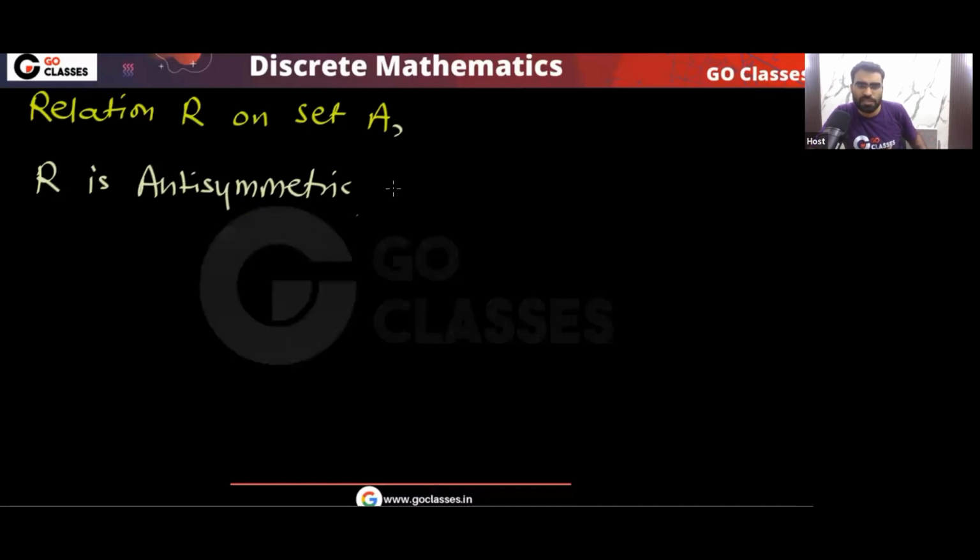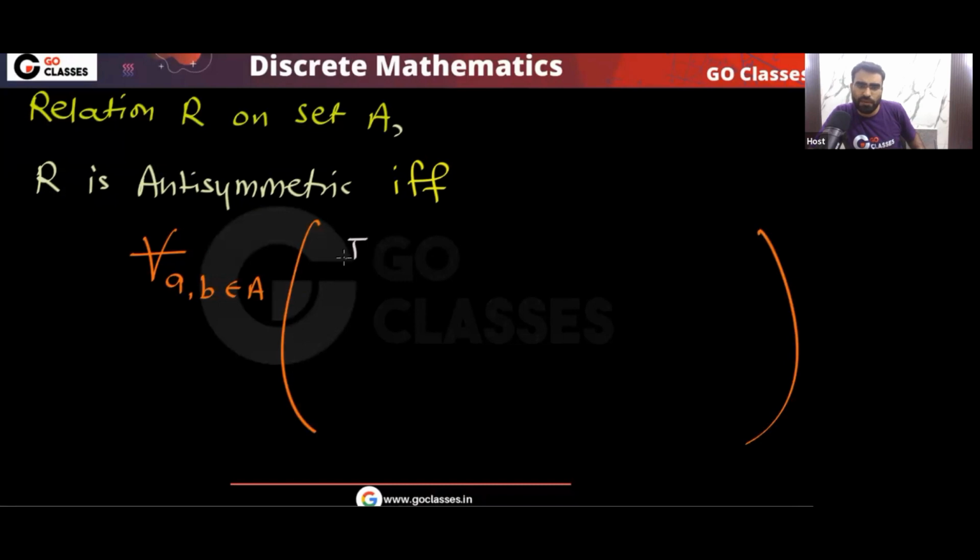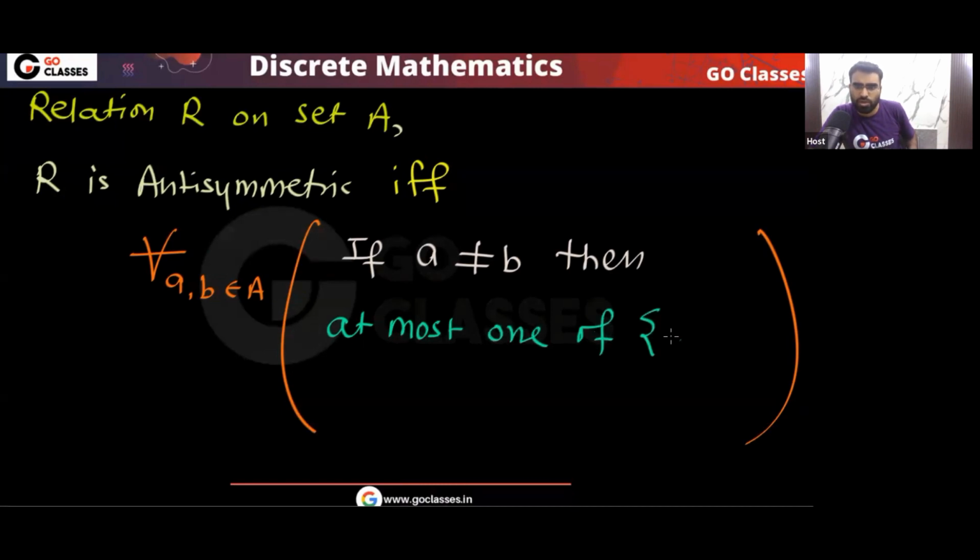If and only if, antisymmetric means that for all a comma b, if a and b are different, then at most one of these two things must happen: either A is related to B or B is related to A. At most one of them must happen.